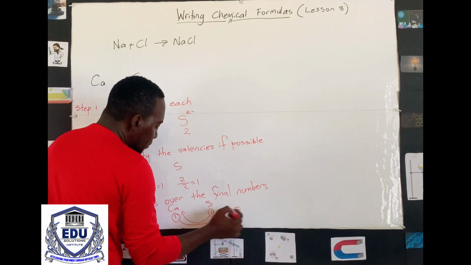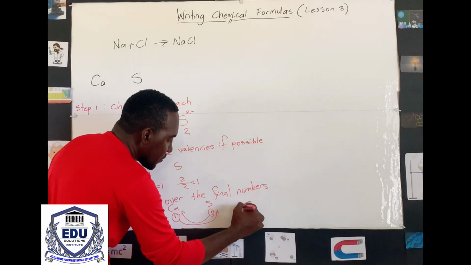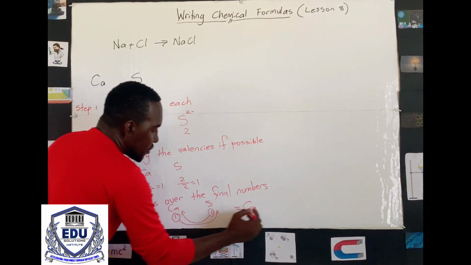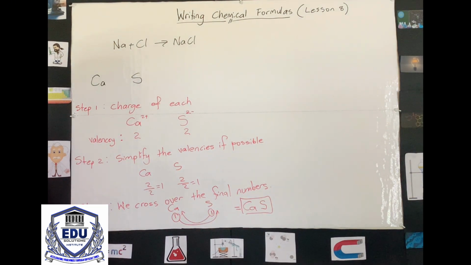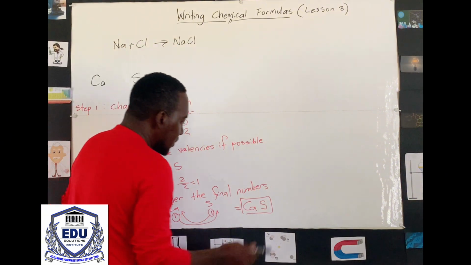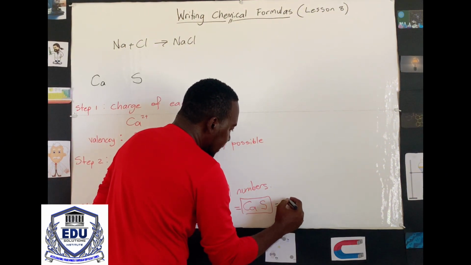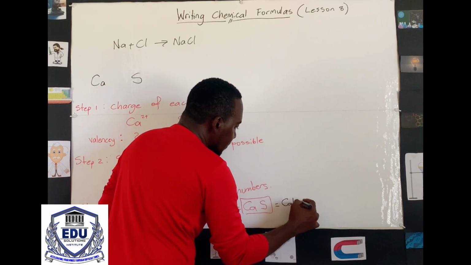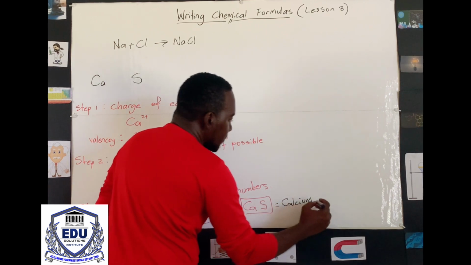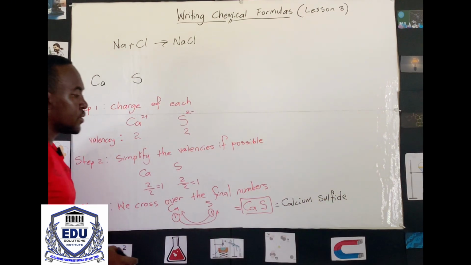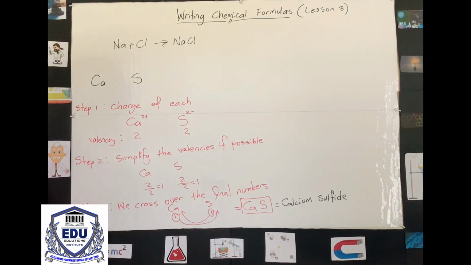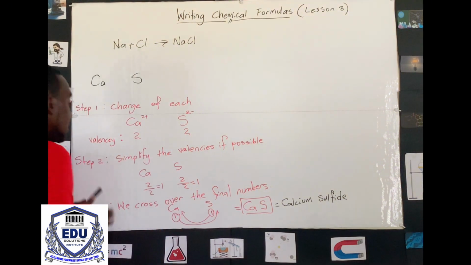That tells us that we need 1 calcium and 1 sulfur. So we get CaS. Because we use 2 elements, we take the metal first, which is calcium, and then the non-metal, with the ending changed to -ide at the end. So we get calcium sulfide. Right? So that's a simple way, 3 easy steps to do any 2 elements together.